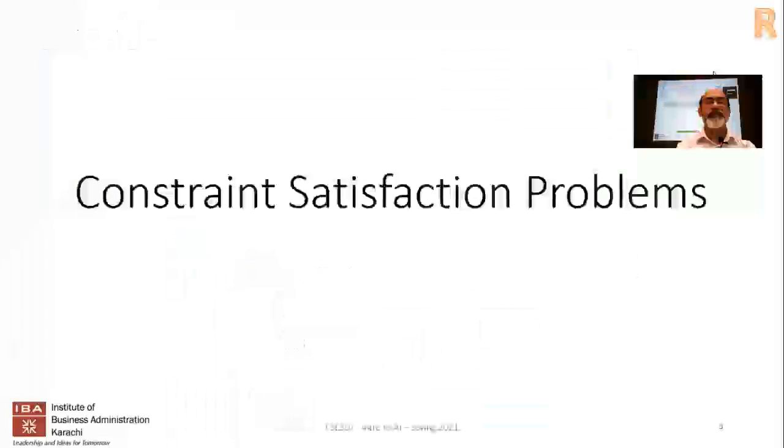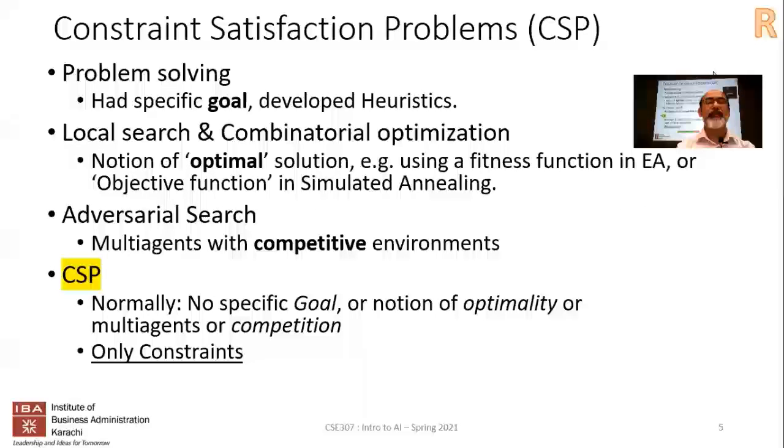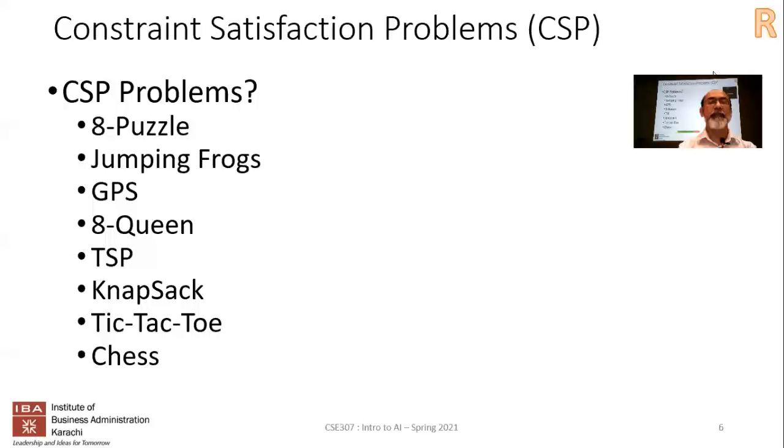In the last lecture, we were talking about constraint satisfaction problems. We looked at how the CSP problem was different from some of the other problem solving issues that we looked at, for example, adversarial search and combinatorial optimization.